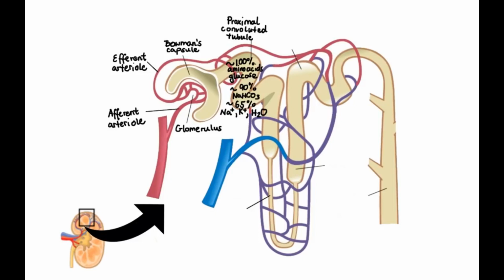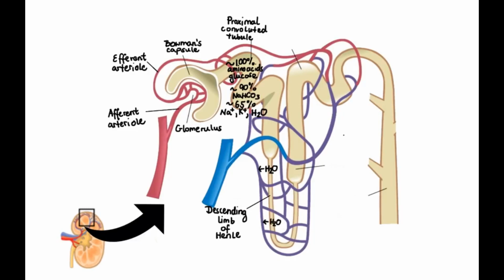The next major region through which the filtrate travels is the descending and ascending loop of Henle, which passes into the medulla of the kidney. Now, the descending limb has walls permeable to water, but impermeable to sodium. So as the filtrate travels down, water leaves, but sodium tends to stay, making the filtrate more concentrated.